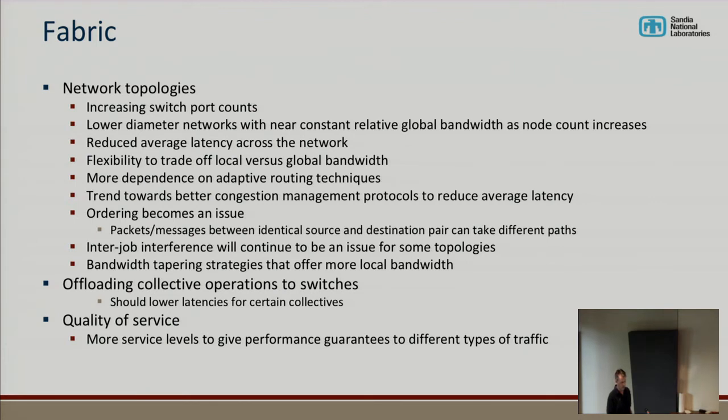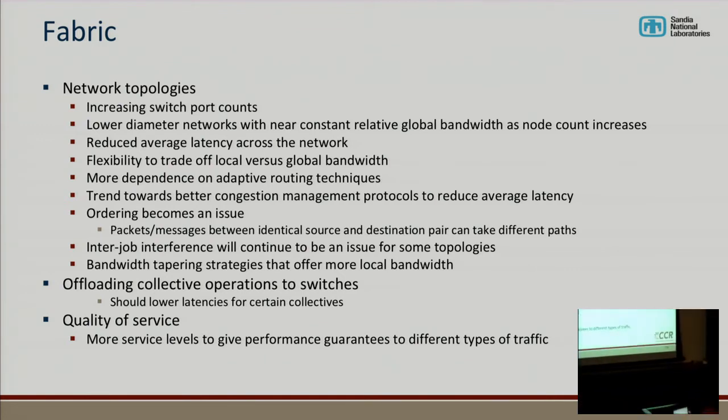So again, network topologies: we have increasing port counts, lower diameter networks. This is all goodness from an application perspective. You may not have to worry about topology and mapping your app to the topology as much. The issue here, and I think I pointed this out when I presented this, is that the challenge we have with things like topology is that the network is now making decisions about how to be more efficient.